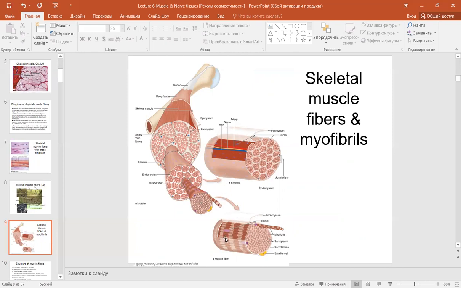Each muscular fiber, striated muscular fiber, consists of myofibrils with dark and light staining bands, which correspond to different components of the sarcomere. And the satellite cell is a stem cell, which can be involved in the process of physiological regeneration of the damaged muscular tissue.